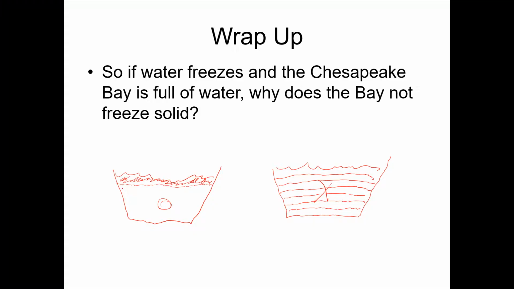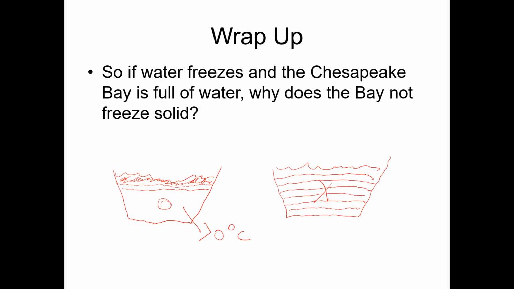Yes, that top layer will get thicker and thicker the colder it is. When we had a little freezing spell back in January and February, that layer got thicker and thicker on lakes, ponds, and even on Chesapeake Bay. But the water below stayed above 0 degrees Celsius, which means any living creatures in that water would not freeze and would not die.